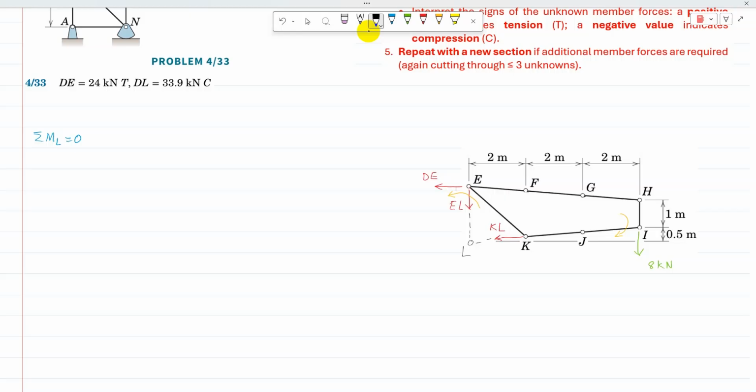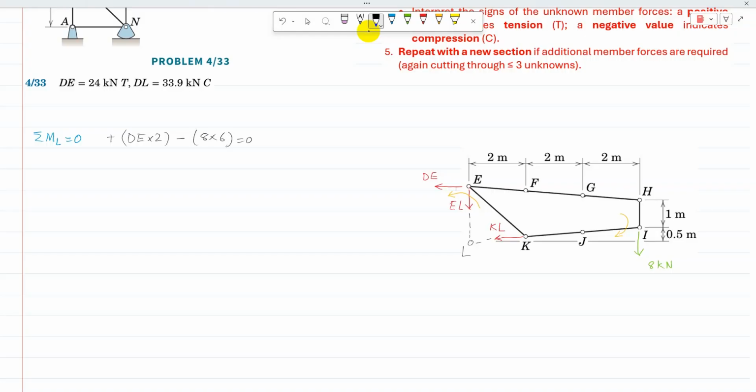Assuming that counterclockwise moment is positive, DE times 2 is positive, then minus 8 times 6 is equal to 0.